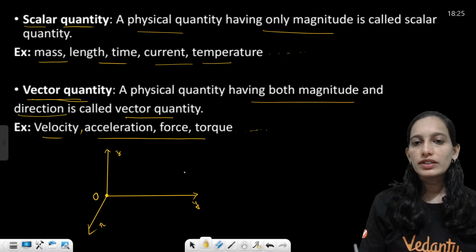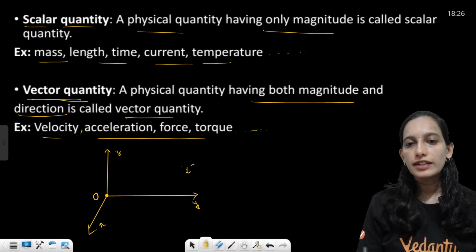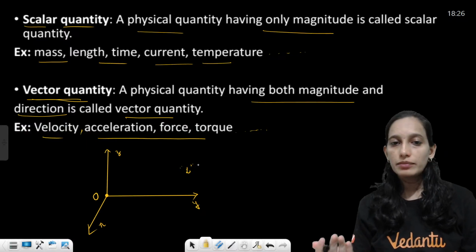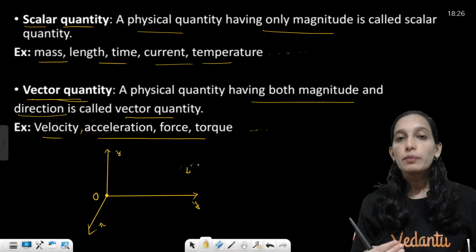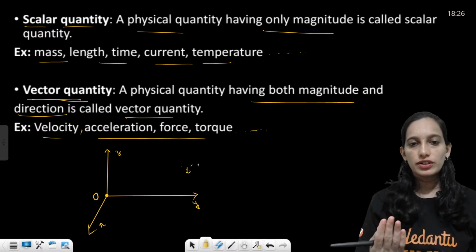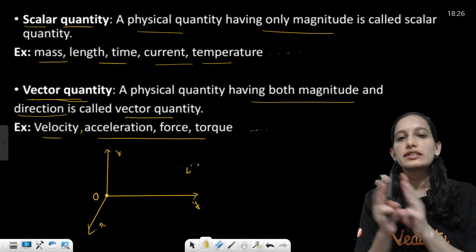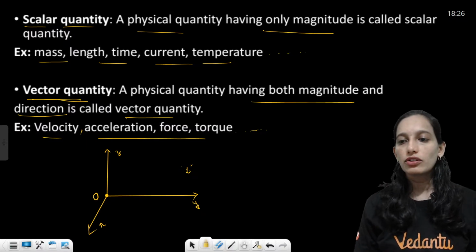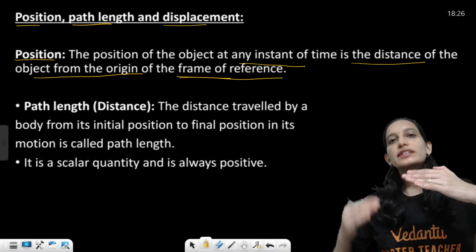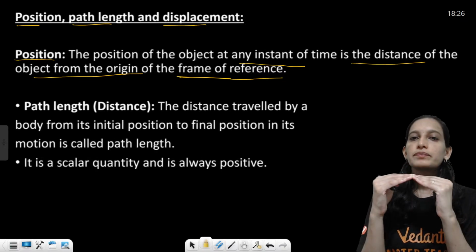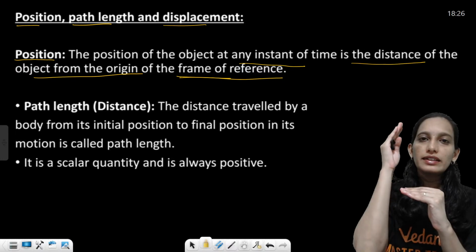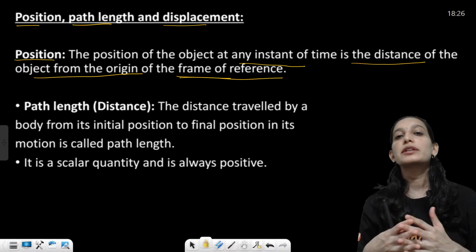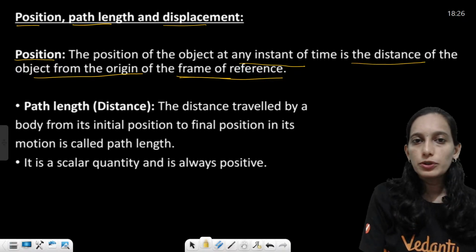And along with this, we need to measure the time. We need to have a clock so that I can see, as the time passes, what is the position of the particle. So three coordinate axes along with the time measurement give us something called a frame of reference. With respect to this frame of reference, the coordinates of the object describe its position.